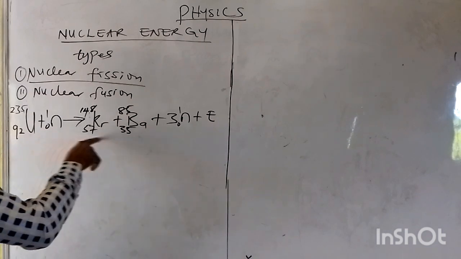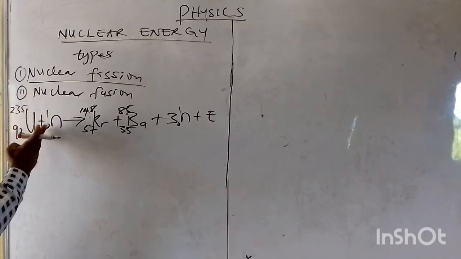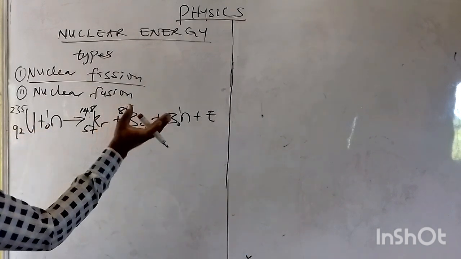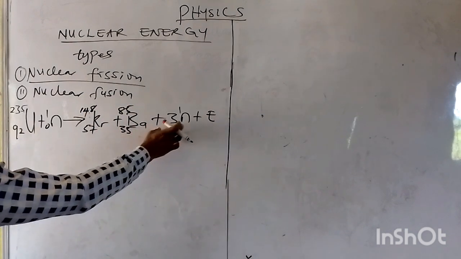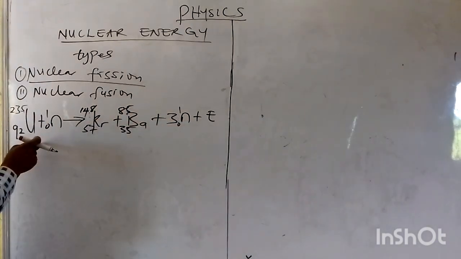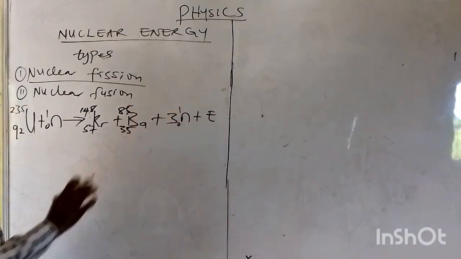Remember, from our definition, we say that it is a splitting of a heavy nuclide into two or more approximately equal nuclides with release of 3 neutrons by this neutron bombardment. So, having done this, remember this is a fission neutron.